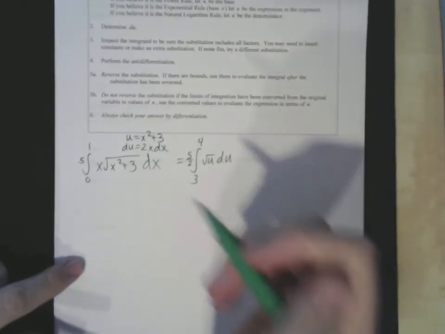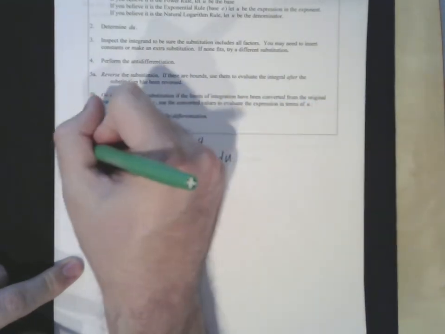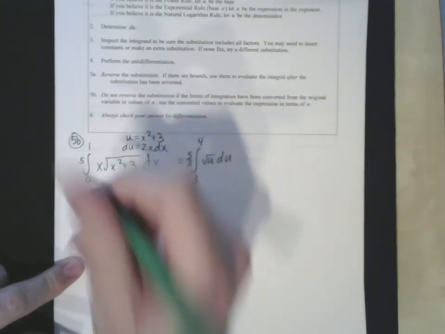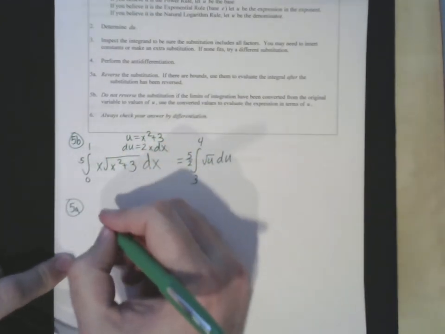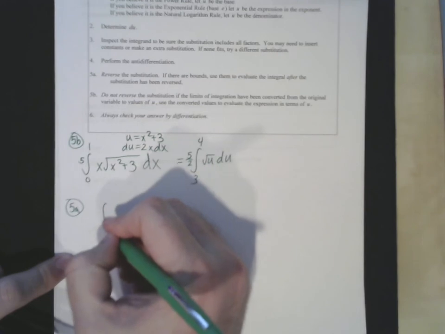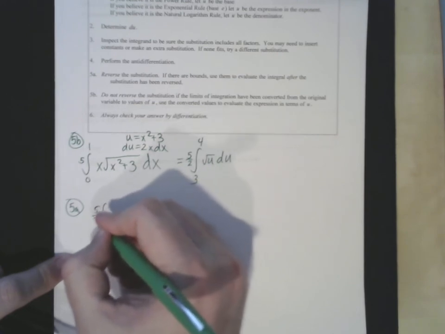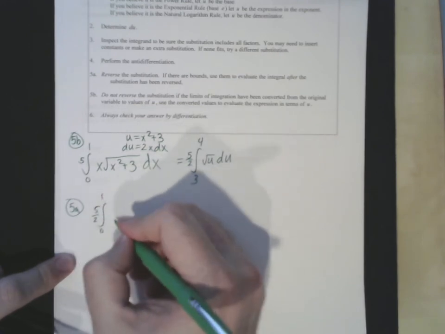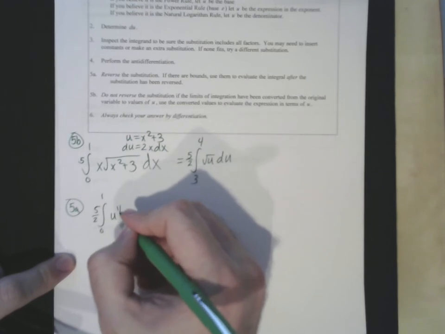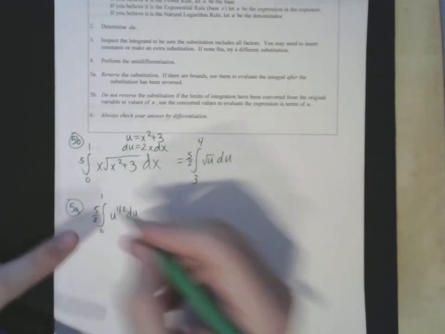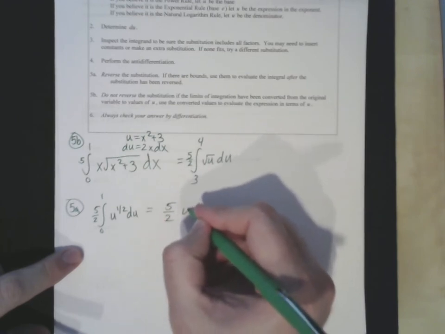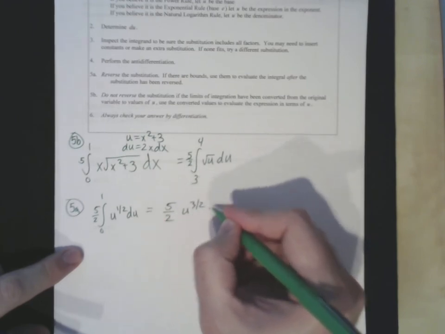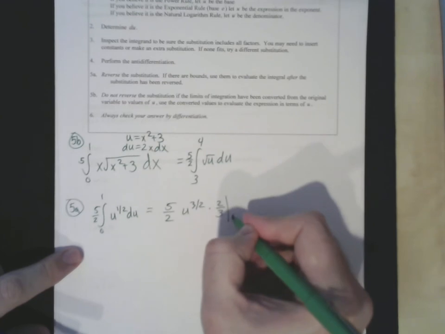So this is 5b. That would be 5b's rule. Let's look at how we would do this with 5a. So when I initially wrote the problem, I had 5/2 integral of 0 to 1 u to the 1/2 du. And I didn't change my limits of integration. And then we integrated and we had 5/2 u to the 3/2 times 2/3 from 0 to 1.